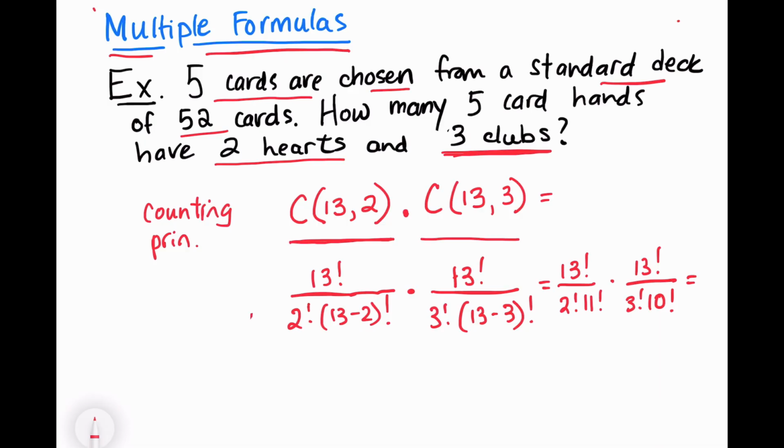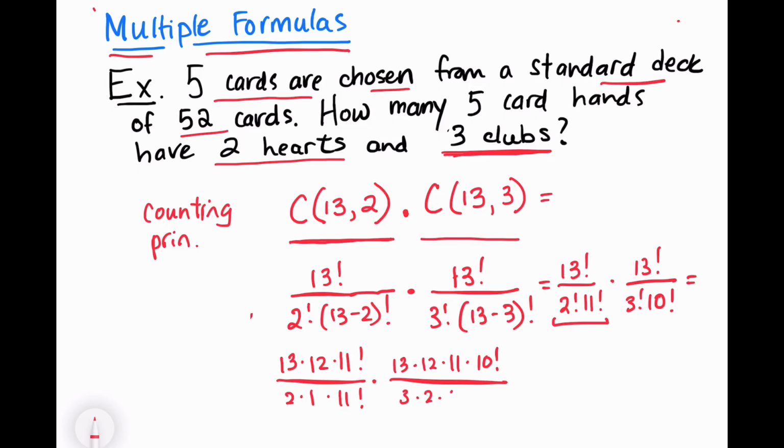And then you can break this down. This quantity we have, let's see, 13 times 12 times 11 factorial over 2 times 1 times 11 factorial. And then this one we can break down as 13 times 12 times 11 times 10 factorial over 3 times 2 times 1 times 10 factorial. The reason I did that is because I can cancel these.